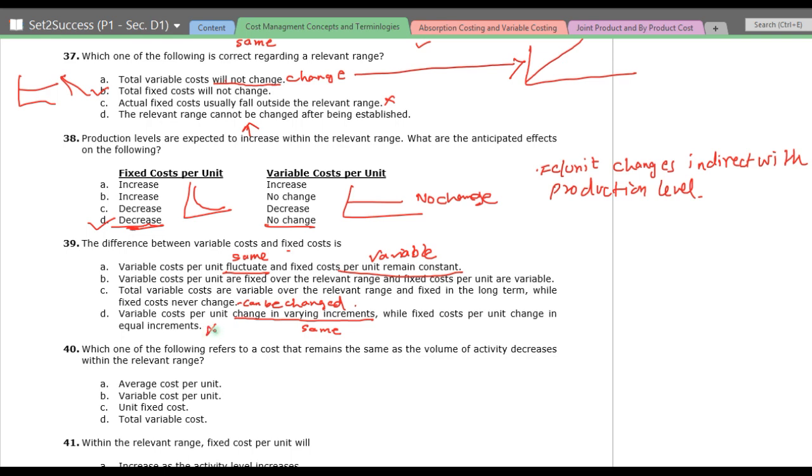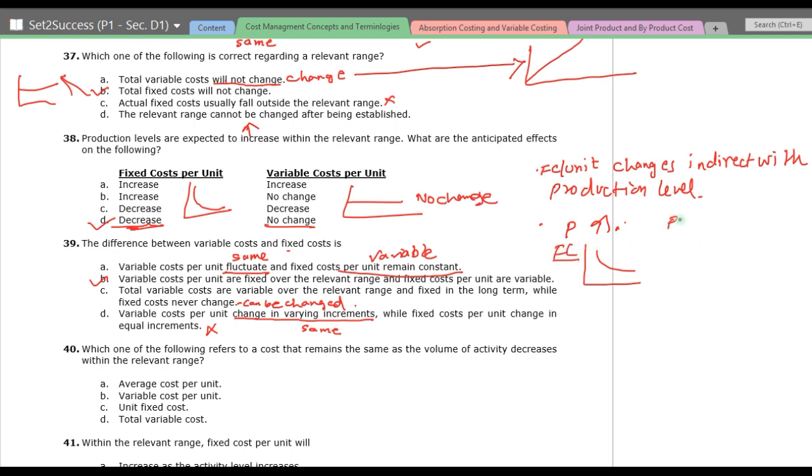No. So the correct option is option B, that is variable costs per unit are fixed over the relevant range and fixed costs per unit are variable. This is the correct option. For example, if production is increasing, the fixed cost per unit will decrease.